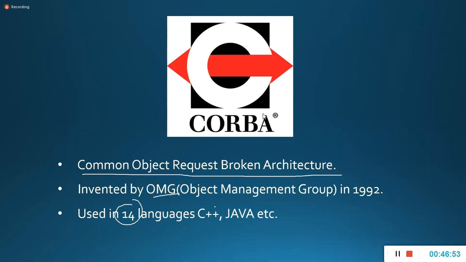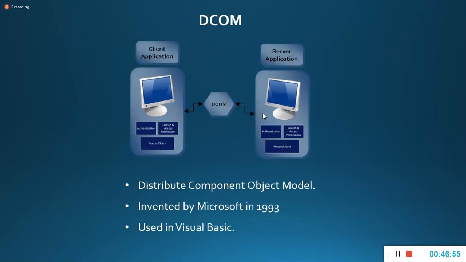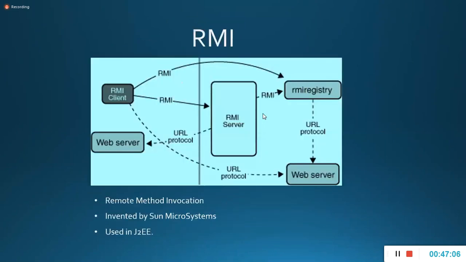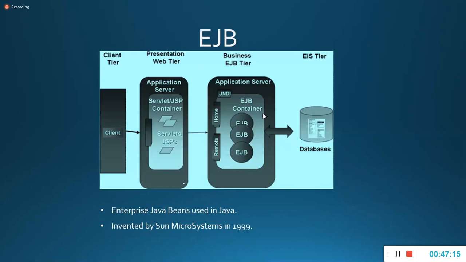You also have DCOM, Distributed Component Object Model, invented by Microsoft and used in VB-like languages. We have RMI, Remote Method Invocation, used in J2EE, invented by Sun Microsystems. And you have EJB, Enterprise Java Beans.